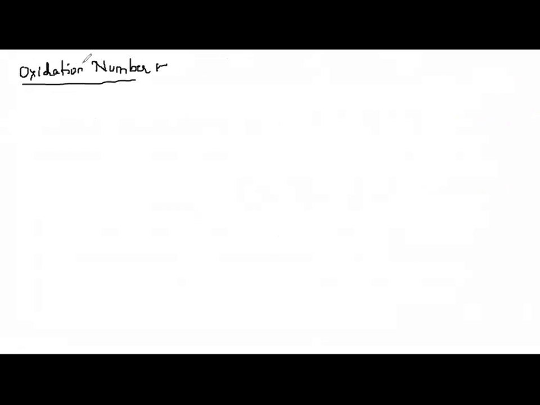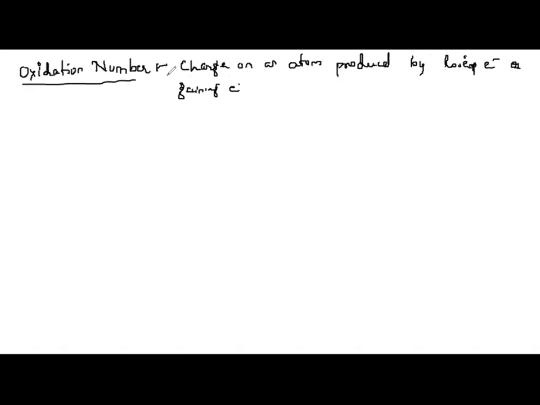See, when we speak about oxidation number, it is nothing but the charge on an atom produced by either losing electrons or gaining electrons. When an atom is neutral, it has 0 charge.